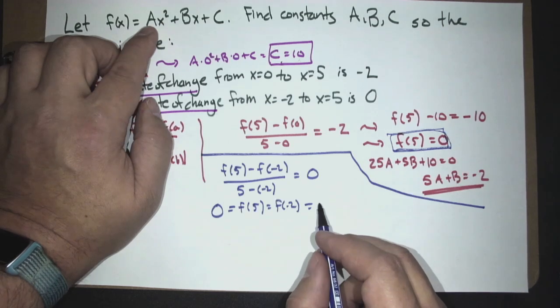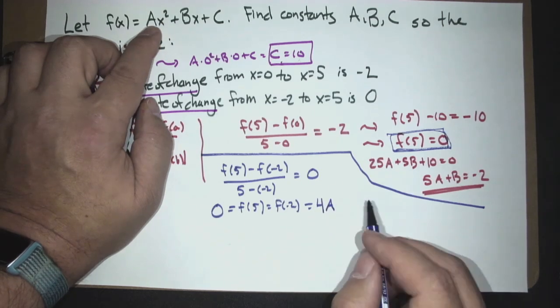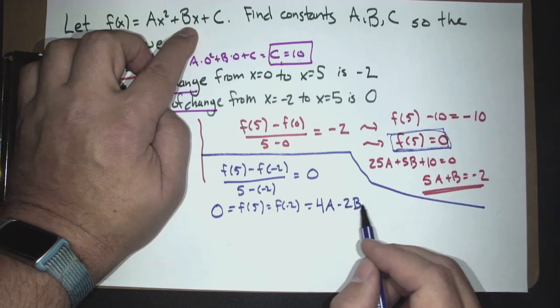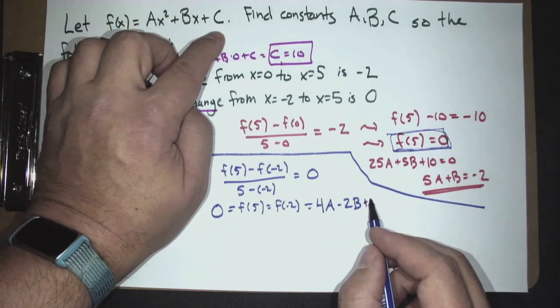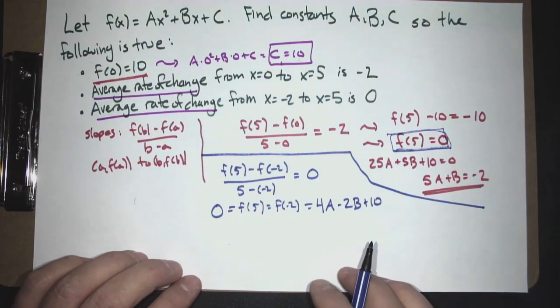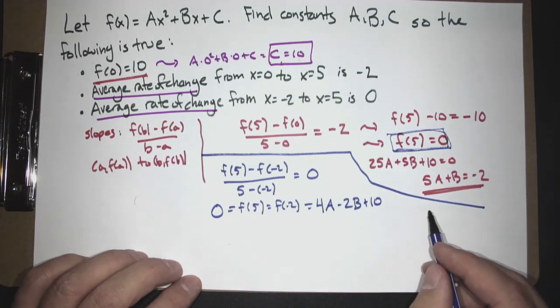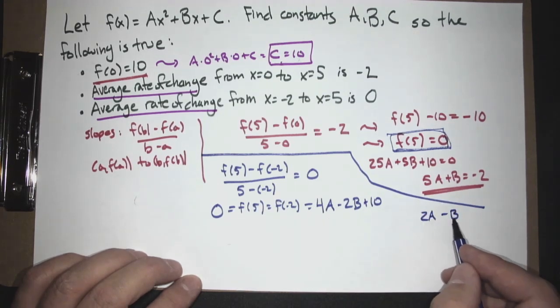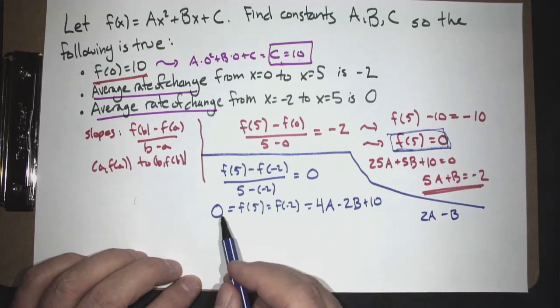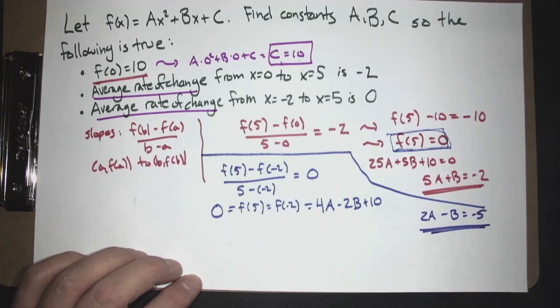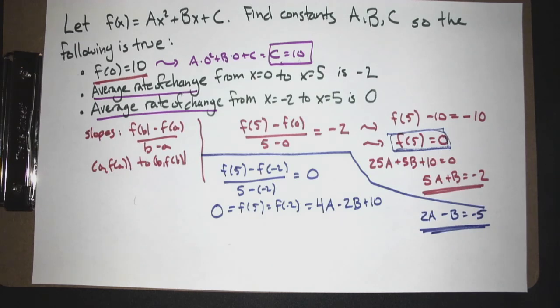Negative 2 squared is 4a. And then b times minus 2 is minus 2b. And c is 10. Well, okay. We can divide by 2. We get 2a minus b. And if we move the 10 across, equals negative 5. So there's another relationship. We need 2a minus b to be negative 5.